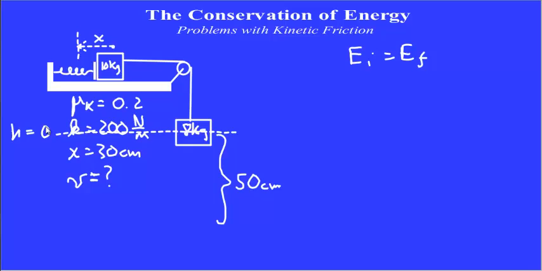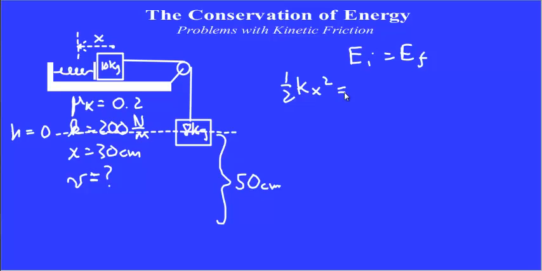If we call that equal 0, then at the beginning, all we have is 1/2 kx squared, the potential energy of the spring. Neither block is moving at the beginning, and the 8 kilogram block is at 0 height. So all we have at the beginning is EPE.